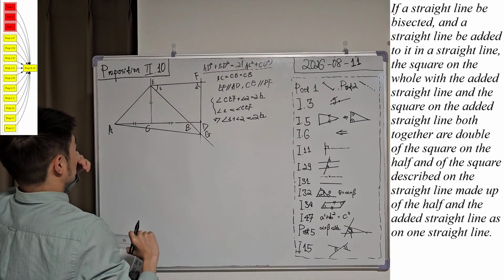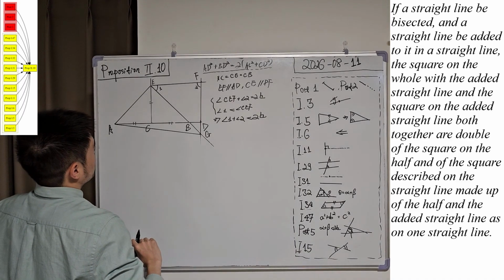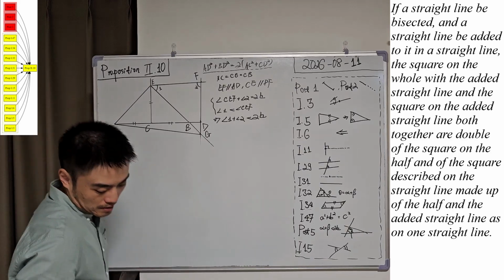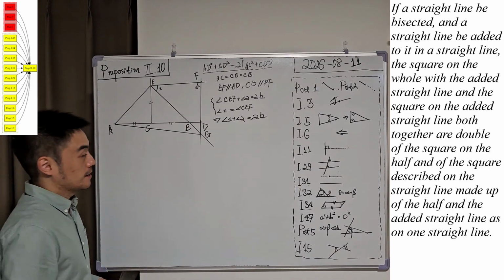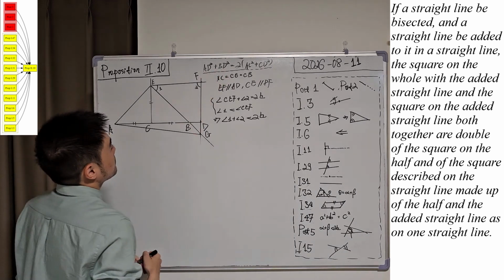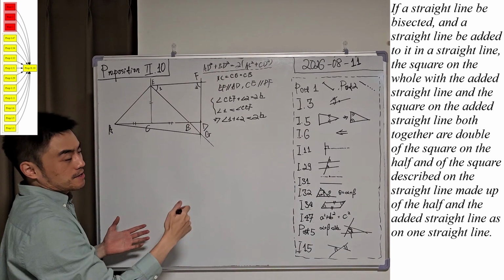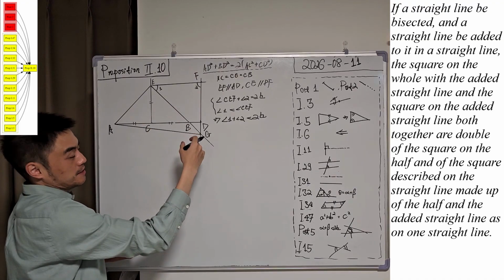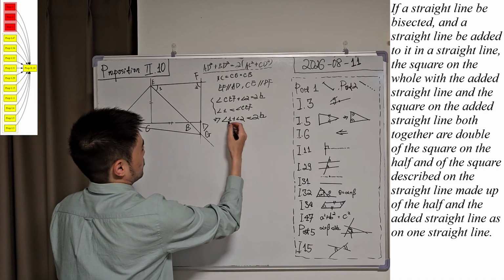Okay, great. So we have finished the Euclidean construction steps, and let's try to prove this equality. Okay. The proof steps are very similar to the previous proposition 9. So let's just repeat them.